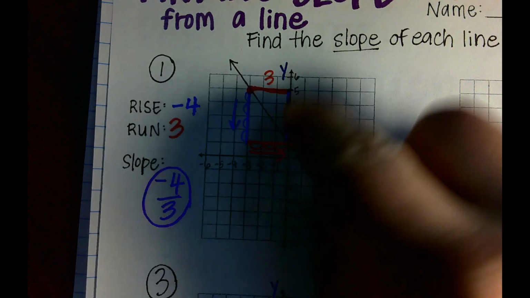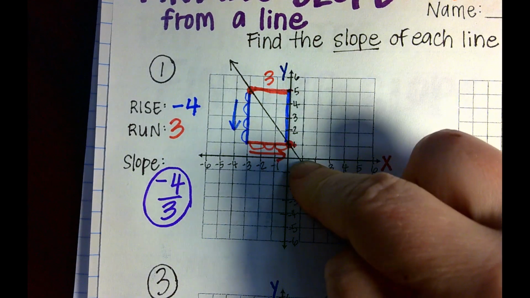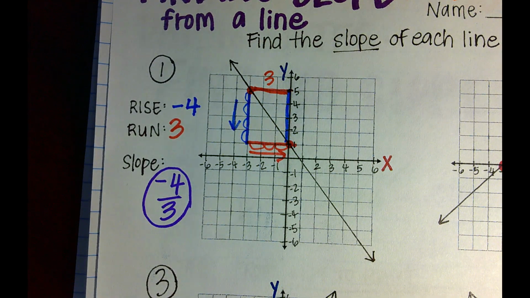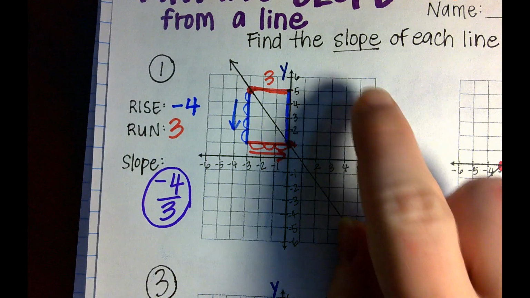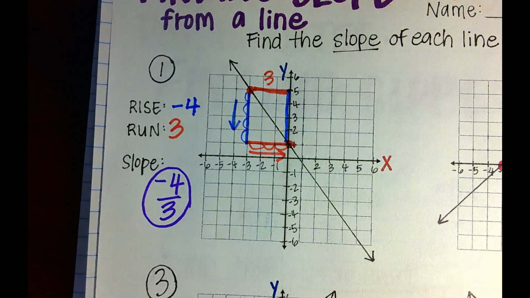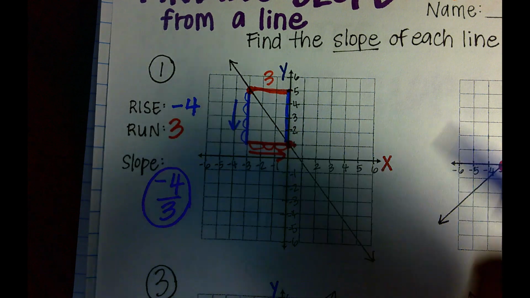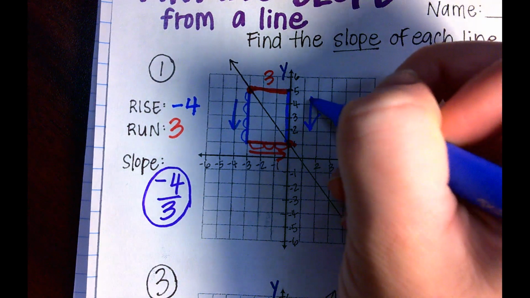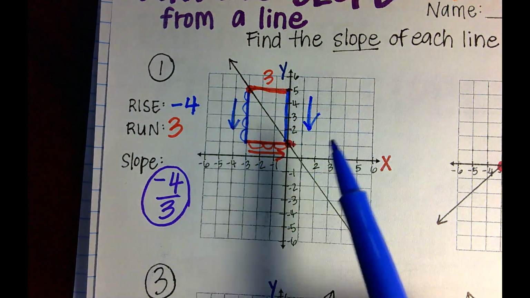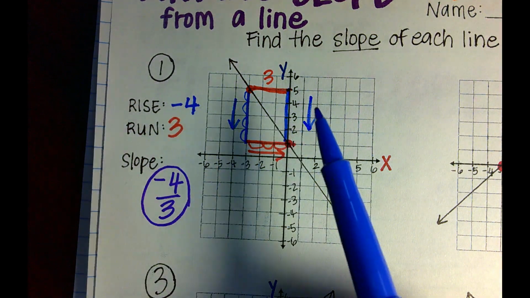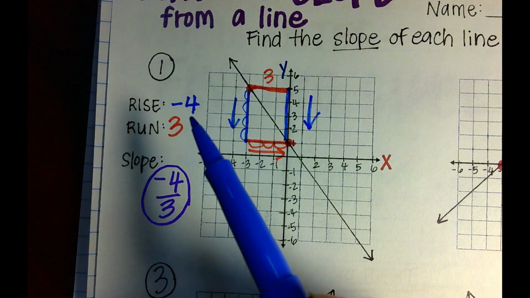And then from my 3, I went down 4, so my rise is -4. You would still get the same numbers. It's just being able to recognize that up and down is our rise, left to right is our run. So either order works. It just might be a little bit easier to mix it up and put the wrong numbers if you do your run first and accidentally write it for your rise.